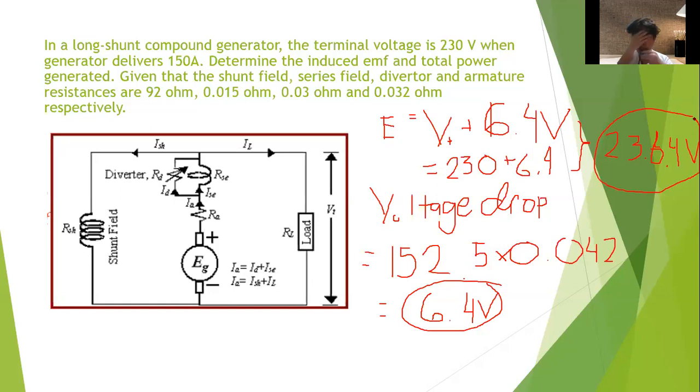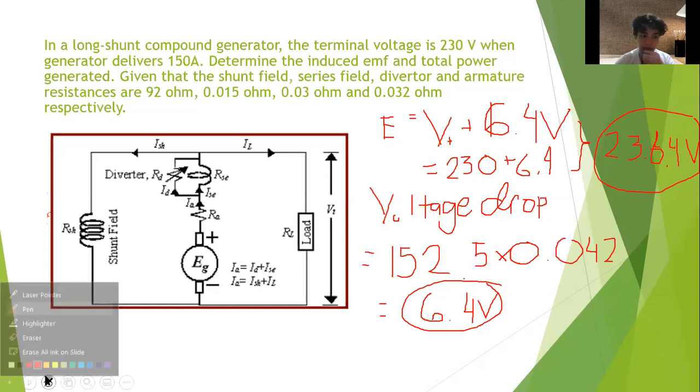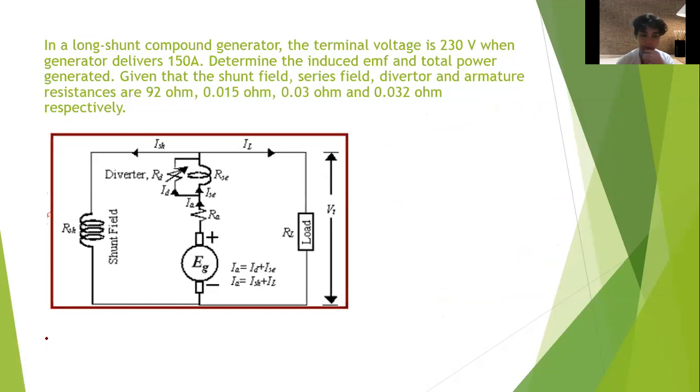So we have the total voltage. Now we will obtain the total power generated by the armature. For that, we will use the obtained voltage generated, which is 230.